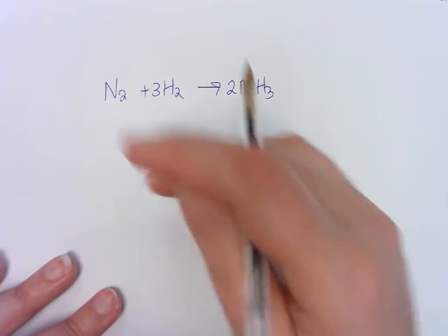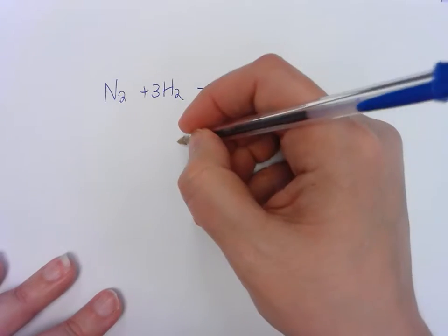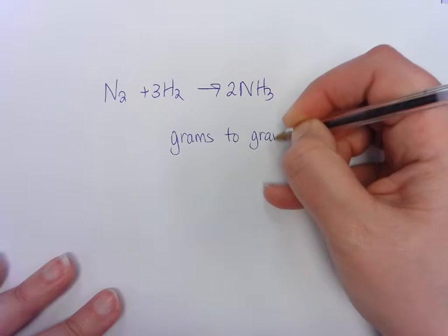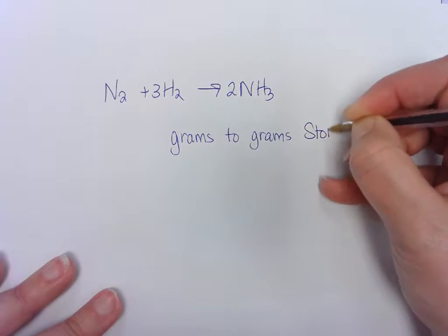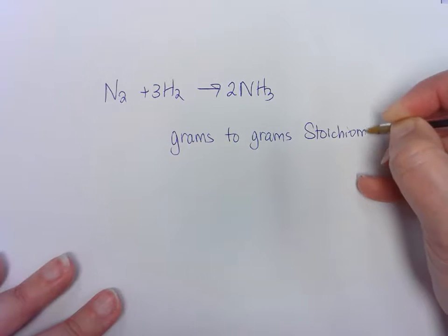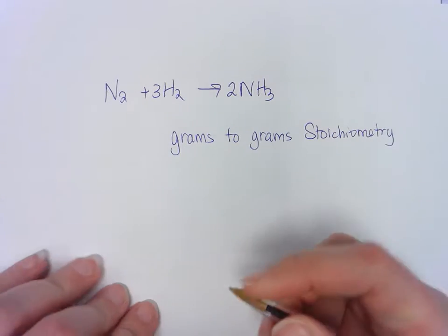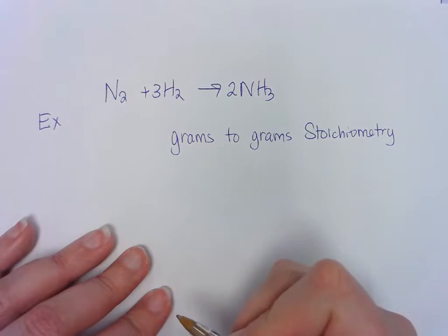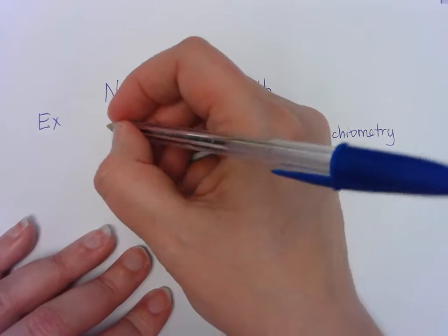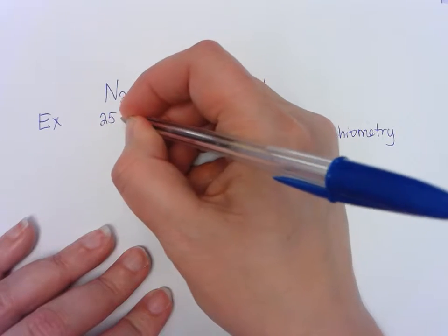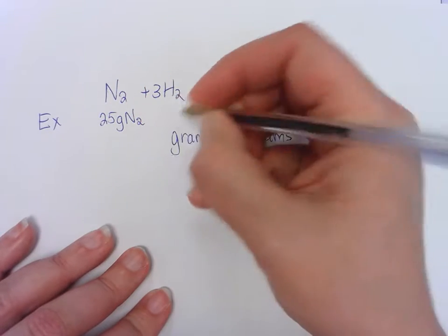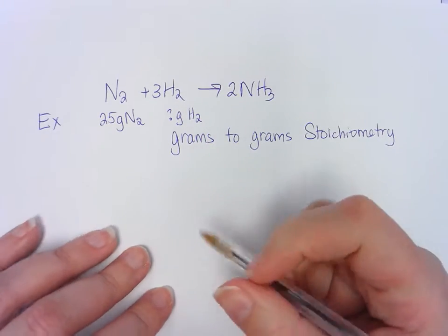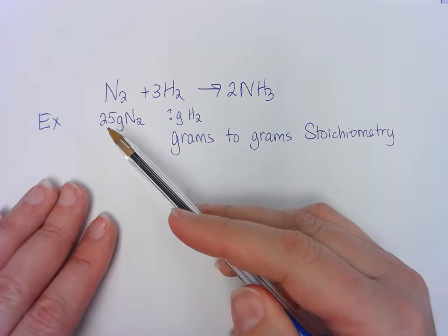And in this example, we're going to look at some basic grams to grams stoichiometry. And we're going to use our mole ratio that we just learned to solve that. For instance, if I gave you an example problem where I said that we have 25 grams of N2, and I wanted to know how many grams of H2 I would need to react with that in order to use it all up.